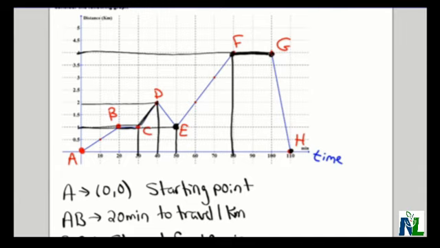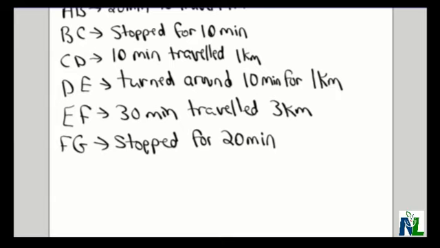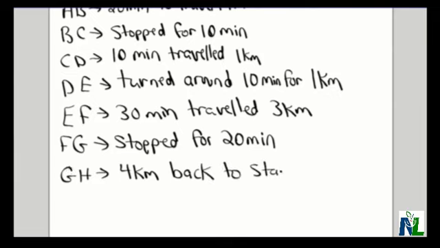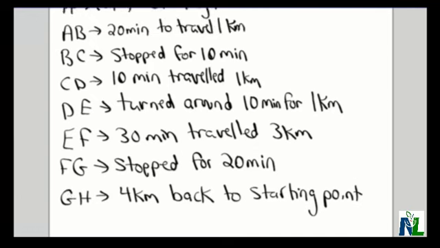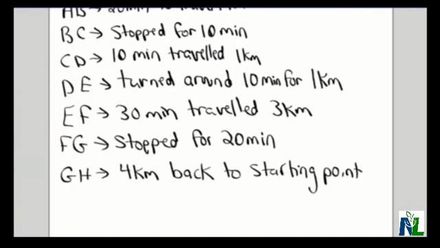So it's 4 kilometers in 10 minutes on the way back home. From G to H, we traveled 4 kilometers back to the starting point. And that took, just to go back up and check it one more time, yep, 10 minutes.